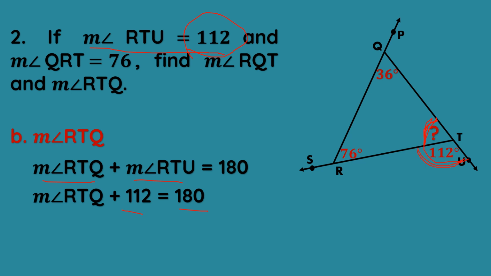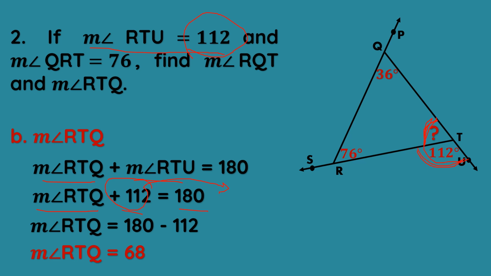By addition property of equality, we copy the measure of angle RTQ, then we move 112 to the right, and it becomes negative 112. Then the measure of angle RTQ is equal to 180 minus 112. Their difference is 68. This gives us the measure of angle RTQ as 68.